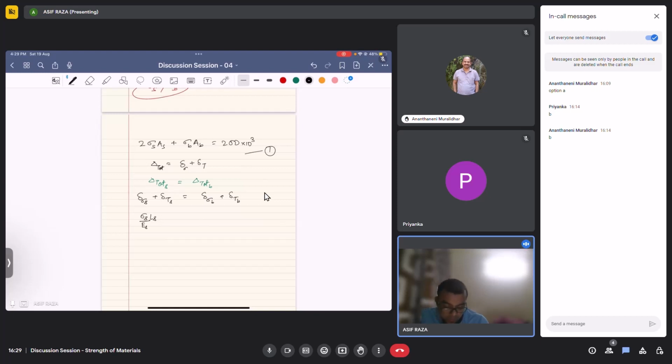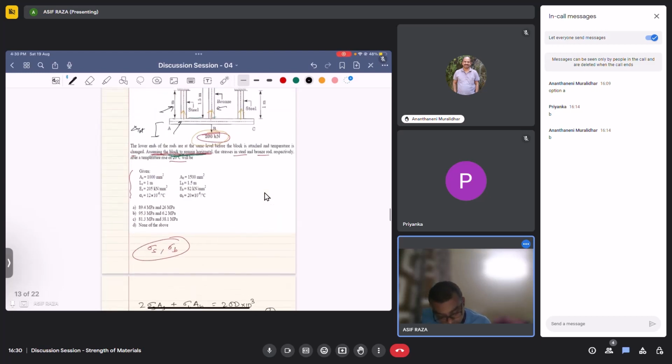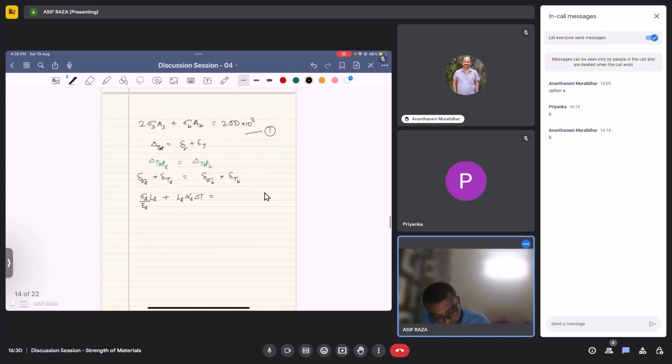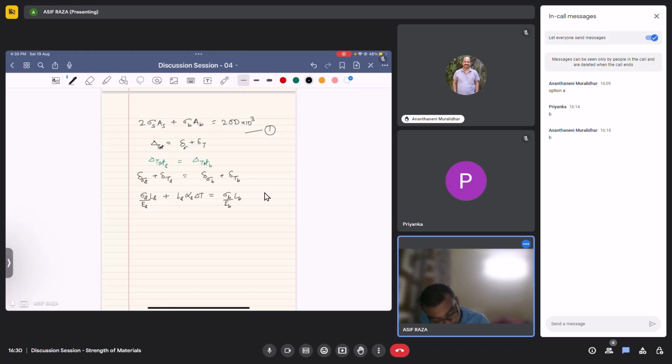This is the extension in steel due to the stress, and due to the temperature it would be Ls alpha s delta T. Now similarly, in the case of bronze it would be sigma b upon Eb times Lb plus Lb alpha b delta T. This would give me the second equation.